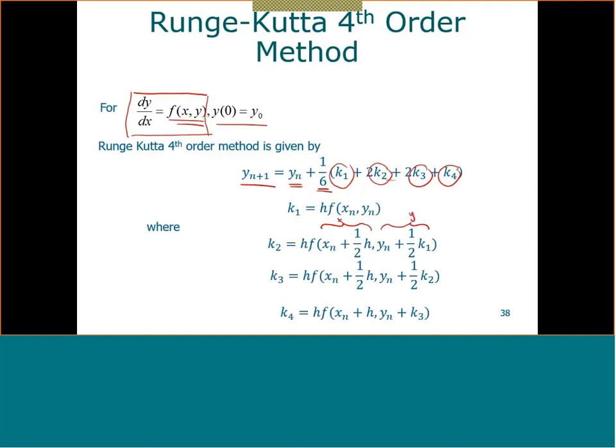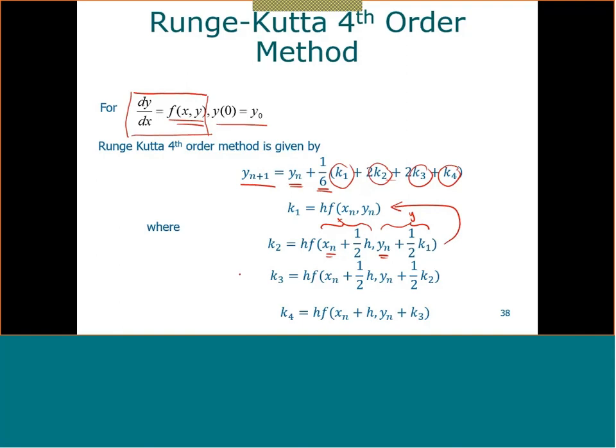The x term is xn plus half the increment, h. On the other hand, the y term is yn plus half k1, which you take from the previous step.